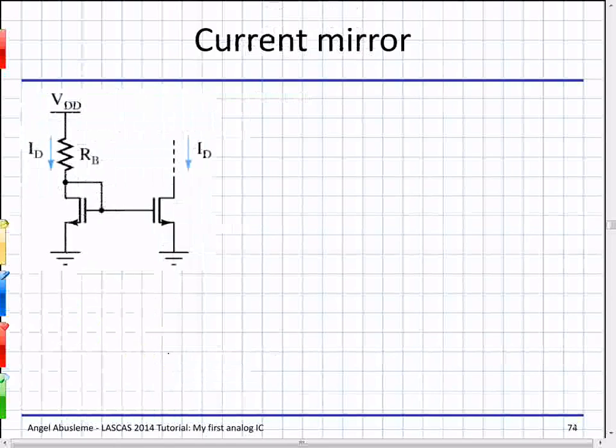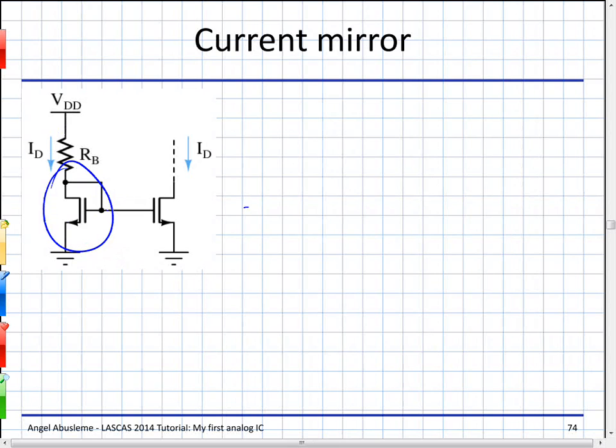Okay. Current mirror. This is a very important topology. Basically, what I do is I have a certain current over this device, which is connected as a what? As what do we connect this device? Diode. Very good. So we connect this as a diode. This becomes a two-terminal device, right?